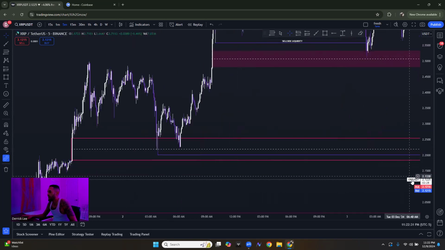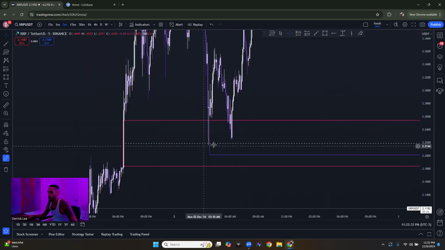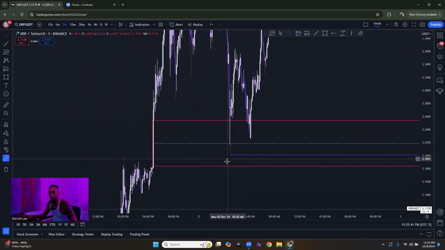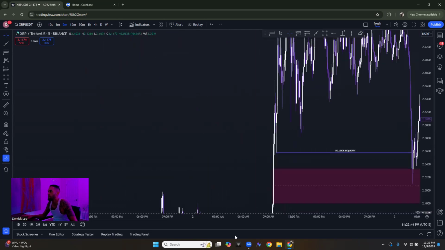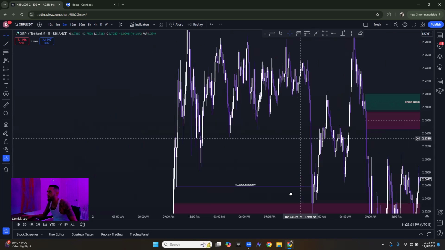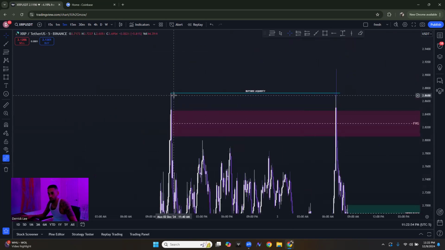See, price only came down to roughly 50% of it. You see how it left this range open? It didn't fill in all of this inefficiency. It left it open on purpose, the same way it left this inefficiency on purpose, and then ran this sell side liquidity by running into this inefficiency, and then it ran this buy side liquidity.